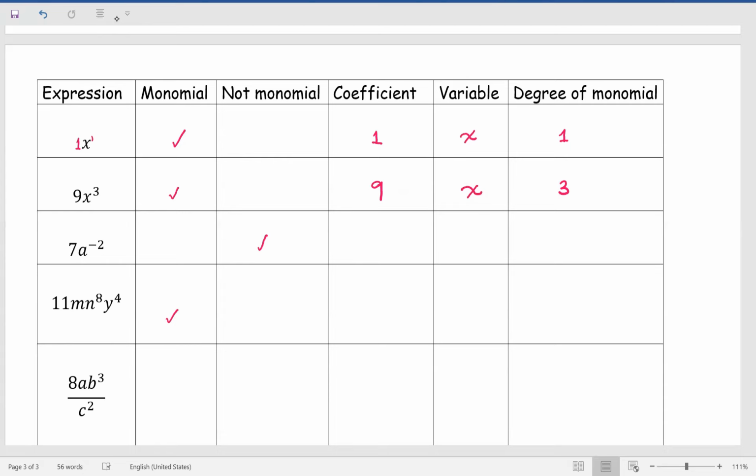So it is a monomial. The coefficient is 11. The variables we have are m, n, and y. Now the degree, m is to the power of 1. So the degree of this monomial will be the sum of the powers. So that is 1 plus 8 plus 4, and then we get 13. I hope that is okay.